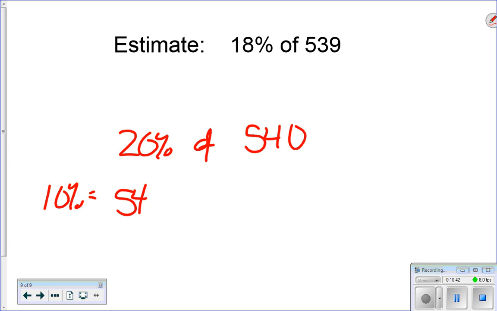And if I want to find 20%, I'm going to take another 10% and add them together. So 108 would be 20%. Okay. Well, no, you just are finding this. You're rounding. You're using what you rounded. Is everybody understanding how this works today? Okay. Should we do one more together?